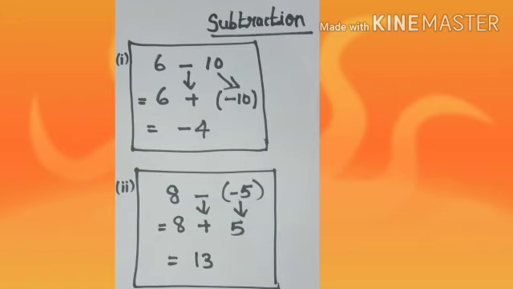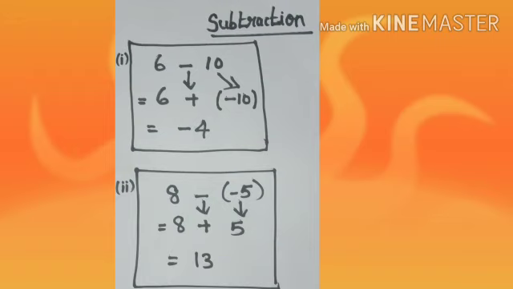Next example, 8 minus of minus 5. Children, when we perform any operation with negative numbers, always the negative numbers should be placed inside brackets. Here 8 minus of minus 5.